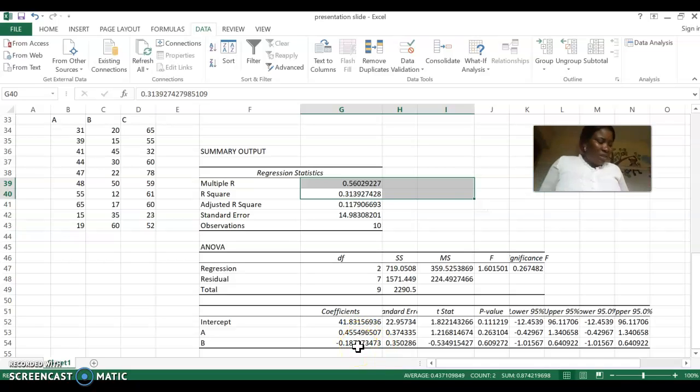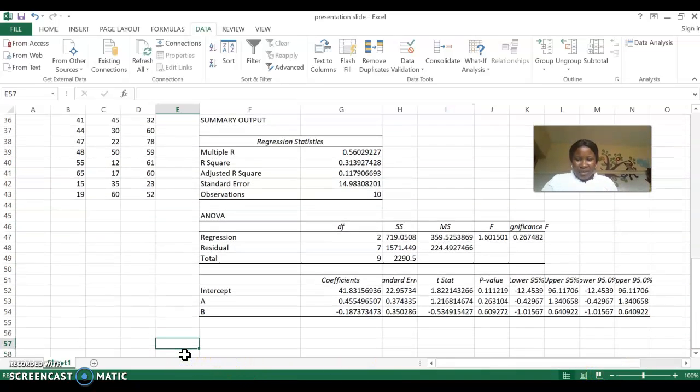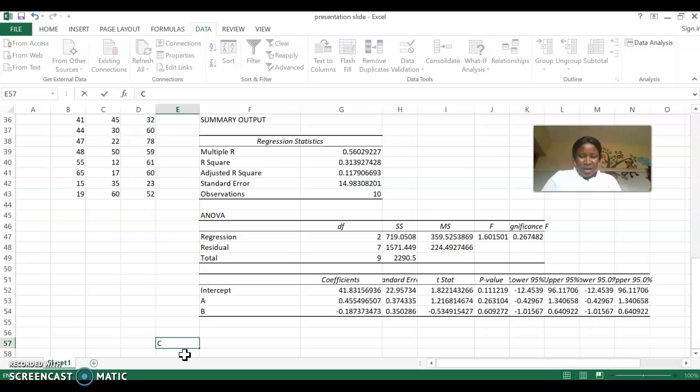So I'm going to be using my formula to calculate the value. To calculate C will be equal to my intercept, plus the value of slope 1 times my A value, the given A value.